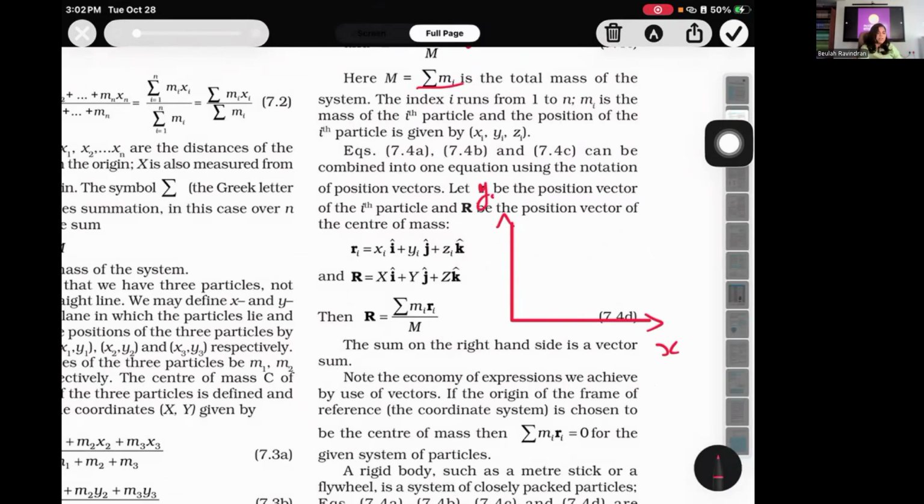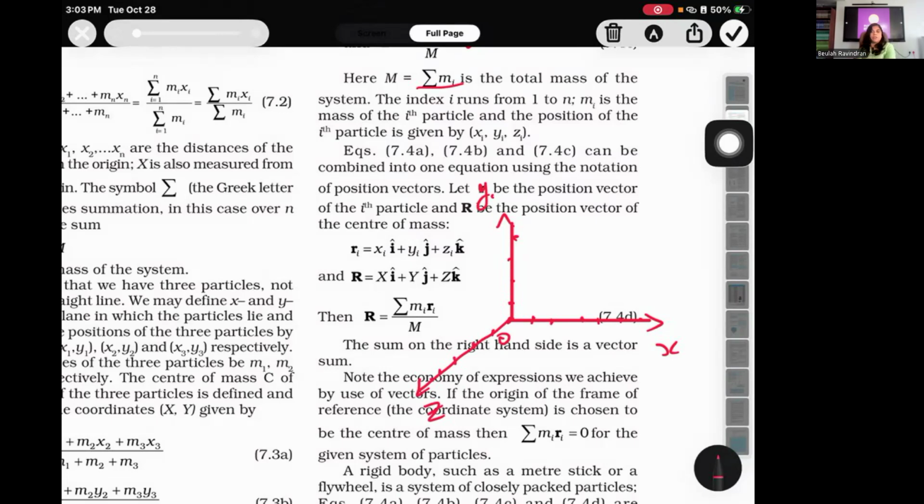Along the y-axis, each and every unit is the unit vector j. Like that, you will be having j cap, i cap, like this it will be. So in this, suppose you are taking 3 dimensions, then it is z. So it is k cap.